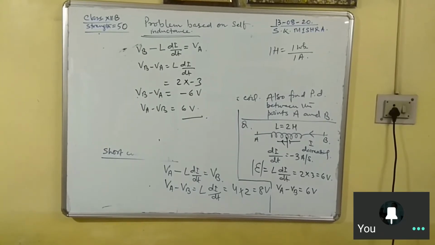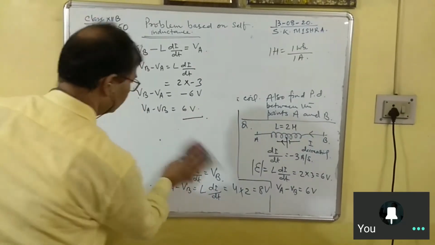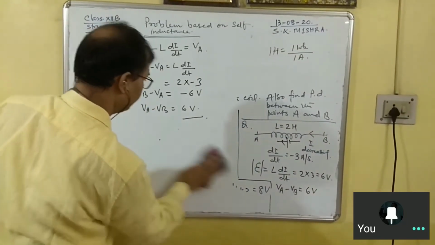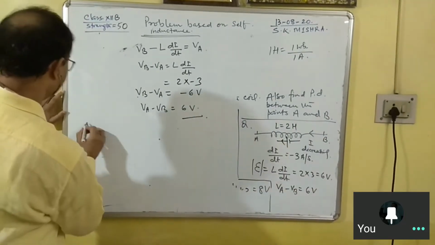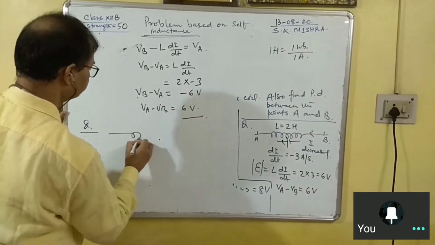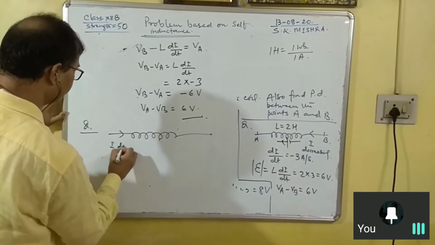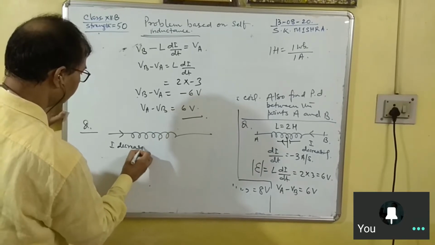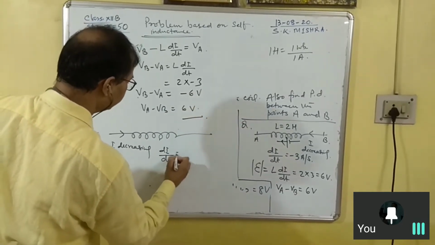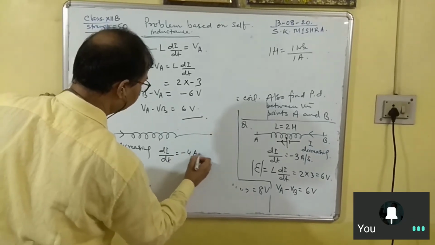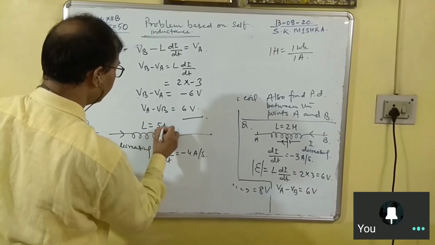Okay, I can set one another example. If you have a coil through which a decreasing current is flowing and the rate of decrease di by dt is minus 4 ampere per second, L is suppose 5 Henry.